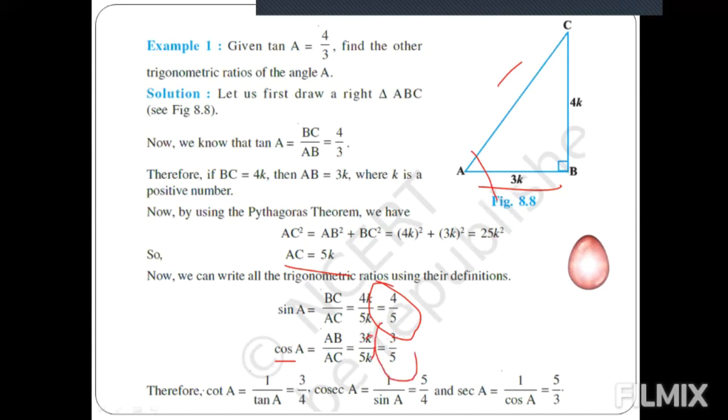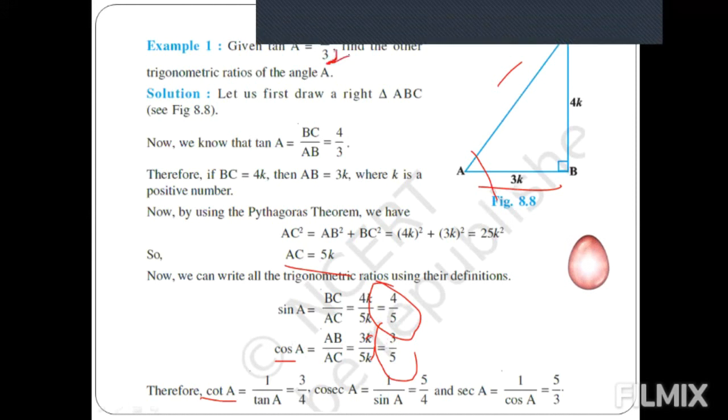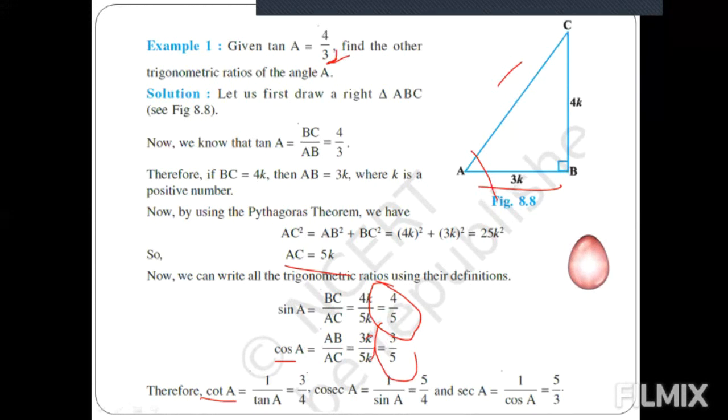So cot A equals reciprocal of tan. Cot is reciprocal of tan. So if tan A equals 4 by 3, reciprocal of tan A equals 3 by 4. Cosecant A is the reciprocal of sine A. We have found that sine A equals 4 by 5.